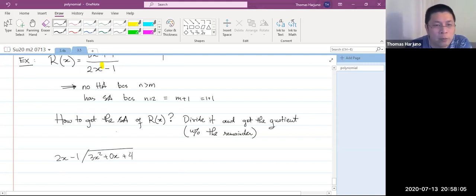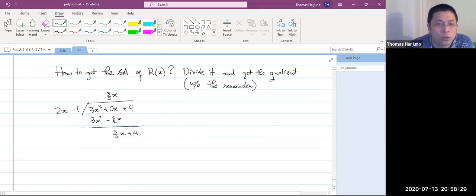2x times what gives 3x squared? 3 over 2 x. So this will be 3x squared minus 3 over 2 x. I subtract and I get positive 3 over 2 x plus 4. And 2 times what gives me 3 half?